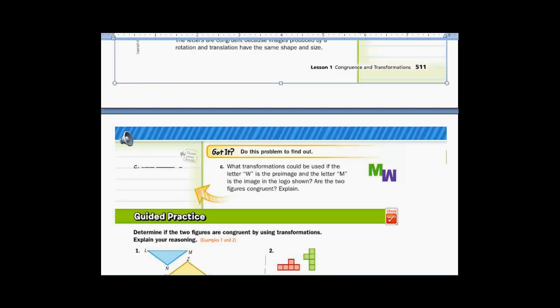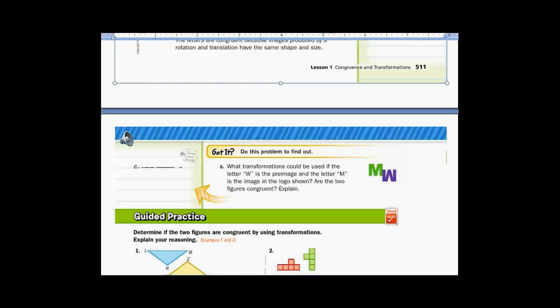What transformations could be used if the letter W is the pre-image? So this is the pre-image and you want to get it to be the letter M. What would you have to do? Well, if you're going to turn it upside down, you could rotate it and then slide it up.